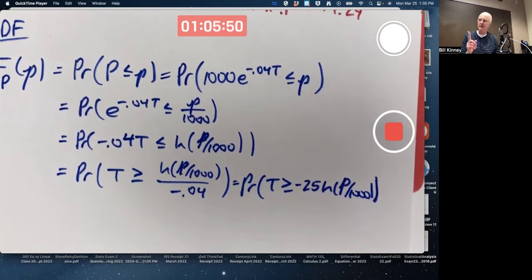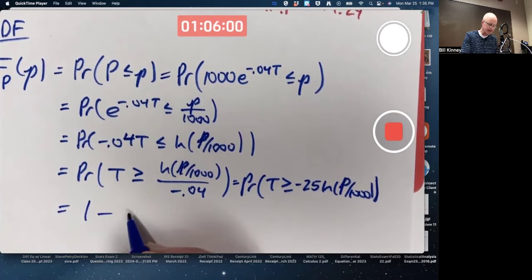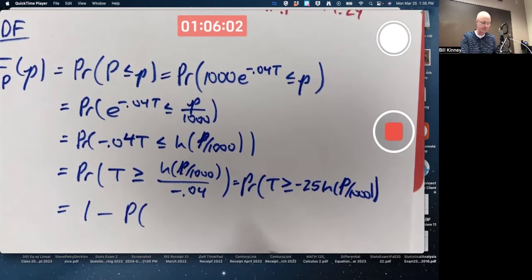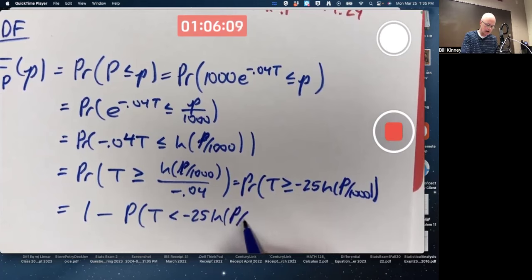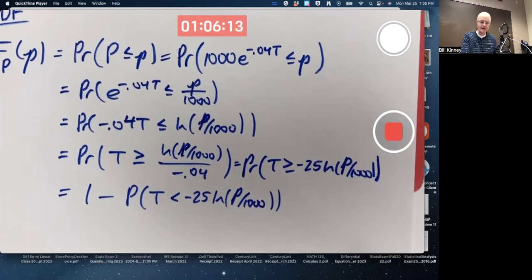Seems like that might be a bad thing. But with probabilities, you can work around it, because the probability of T being bigger than something is 1 minus the probability that T is less than that something. That's a law of probability.